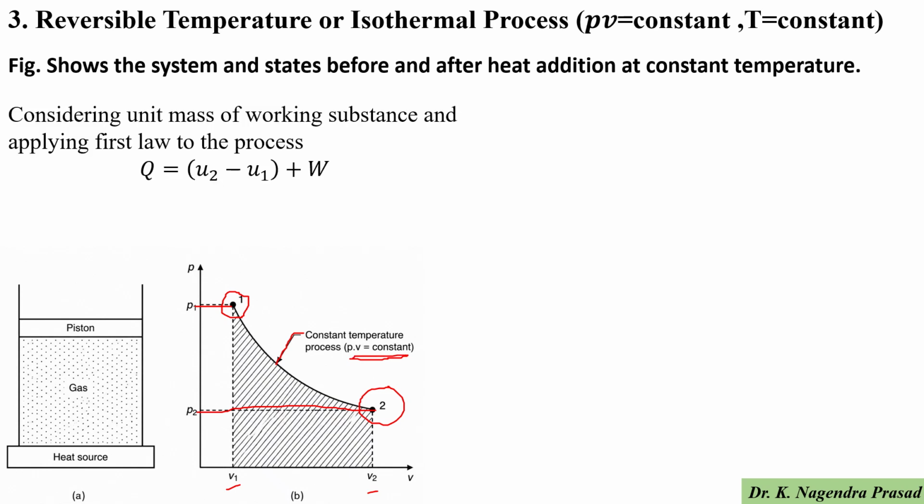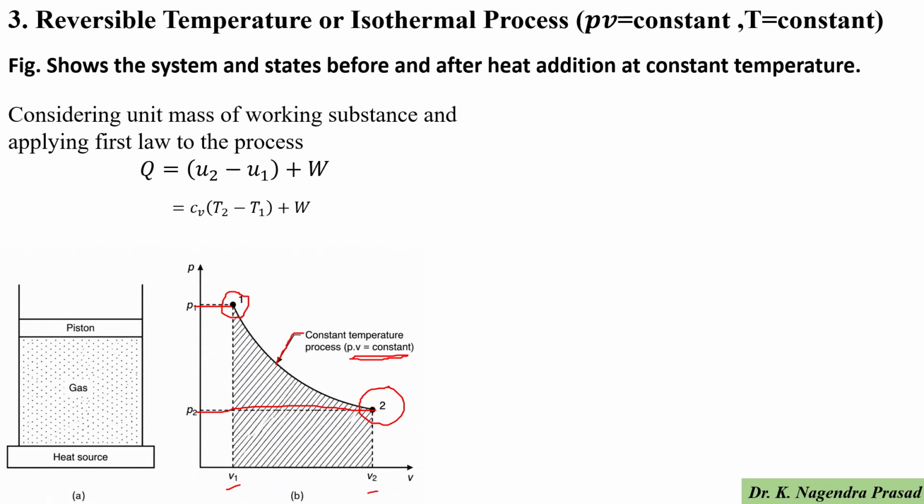So let us consider the unit mass of working substance and apply the first law of thermodynamics to the process. We know from the first law of thermodynamics, Q equals U2 minus U1 plus W. The internal energy change for the perfect gas is m Cv dT. Here we are considering m equal to the unit mass, so m equals 1, and dT is T2 minus T1.